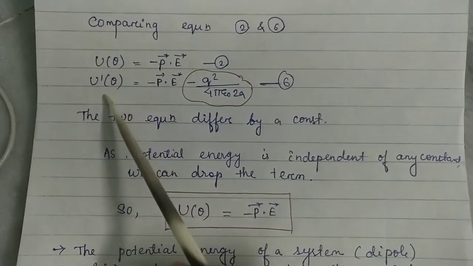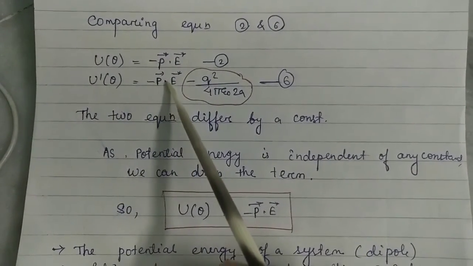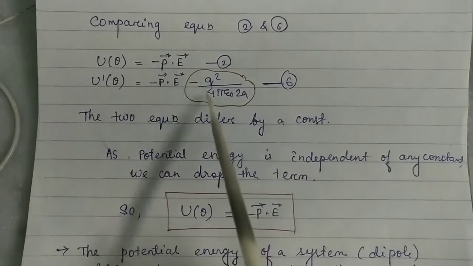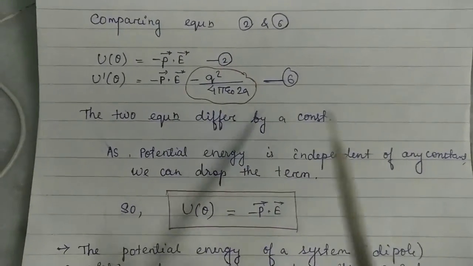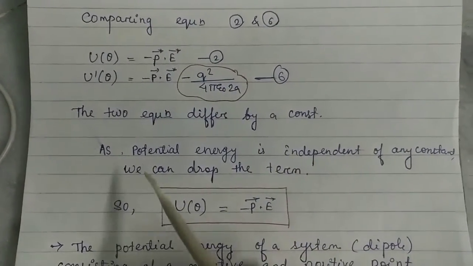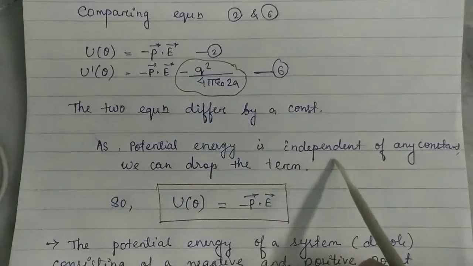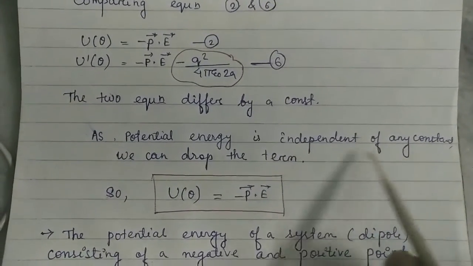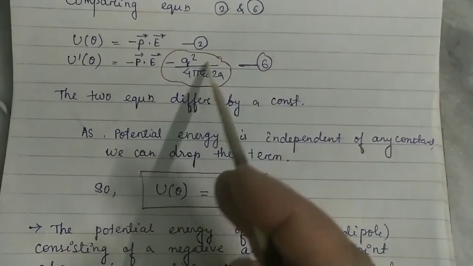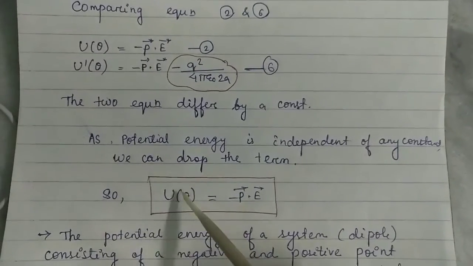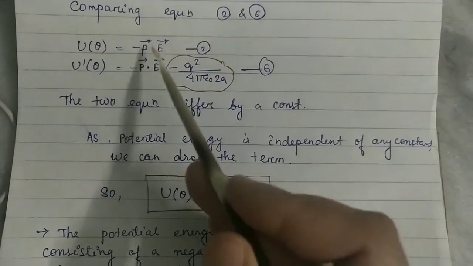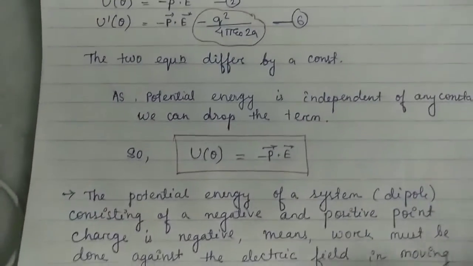That means potential energy equals minus of P dot E, and a constant is added here. As potential energy is independent of any constant, we can drop the second term, which is a constant. So we can write potential energy equal to minus of P vector dot E vector.